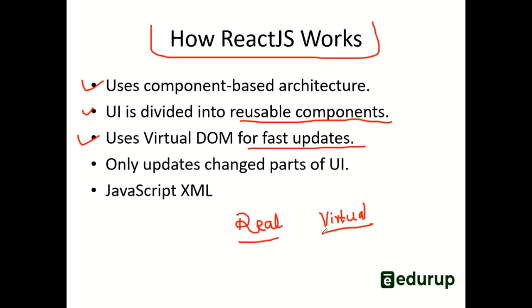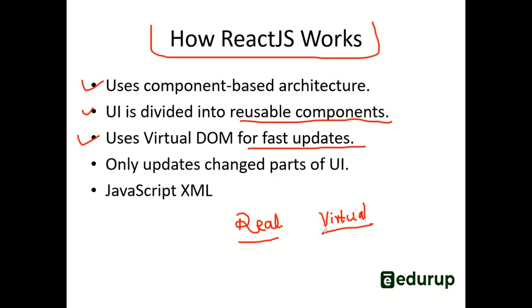These are all elements of a web page, correct? So when you change something on a page, the browser updates the DOM directly, which can be a slow process. Directly it is updating and it will be a very slow process. That is what the real DOM refers to.